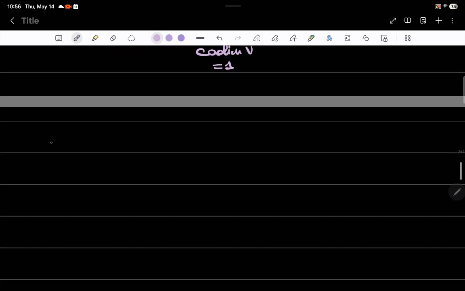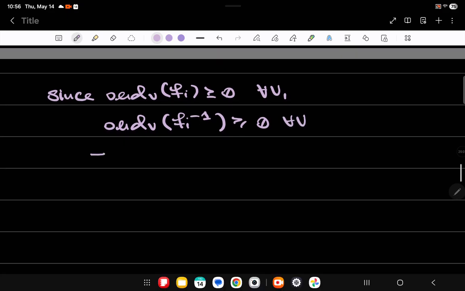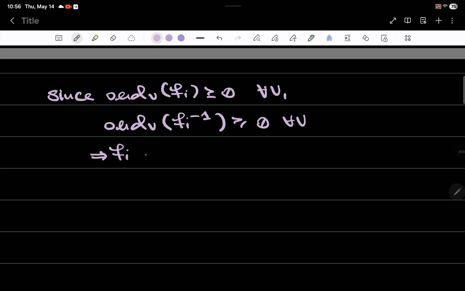And since ord_V f_i is necessarily non-negative for all V, it follows that ord_V of f_i inverse is also greater than or equal to 0 for all V, which shows that f_i inverse is a regular function on U_i.